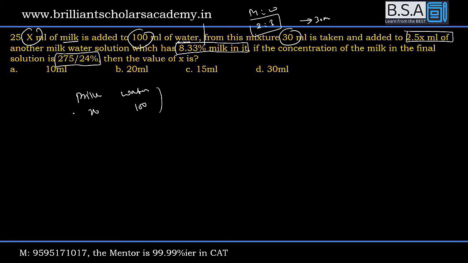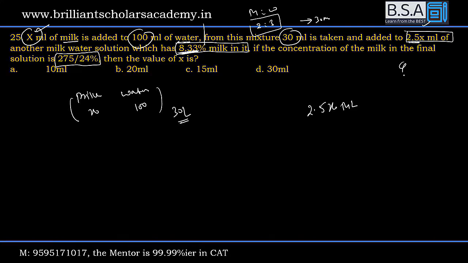How many milliliters of this did you take? You took 30 milliliters of this. And in what did you add it? 2.5x. Look, deliberately this variable x and this have been kept the same. You are now using 2.5x milliliters of what? Milk and water solution. Milk is what? 8.33.